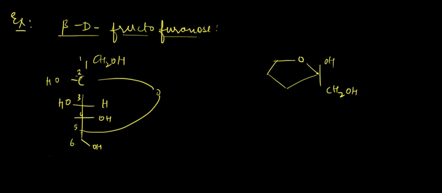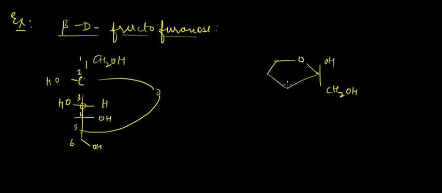Rather, this is the second carbon atom which I'm drawing here. So OH above the plane and CH2OH below the plane, and then on this carbon atom we'll have H above the plane, OH below the plane.